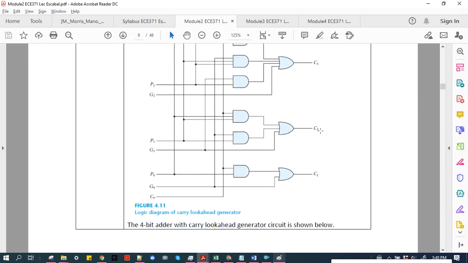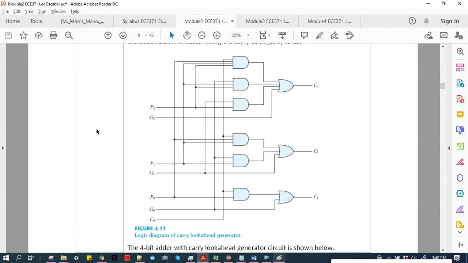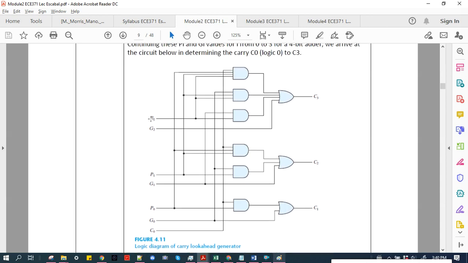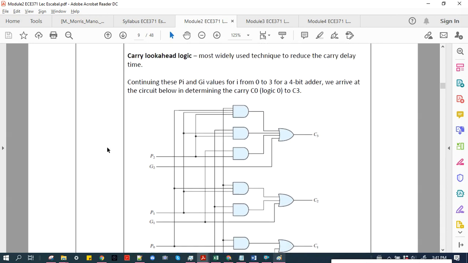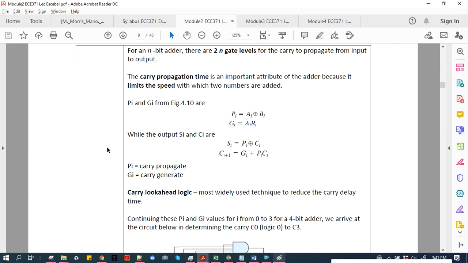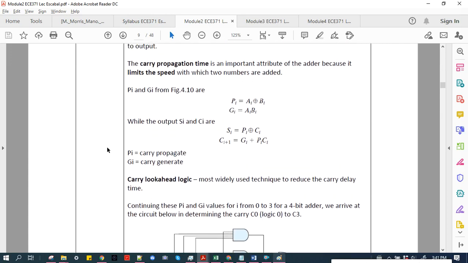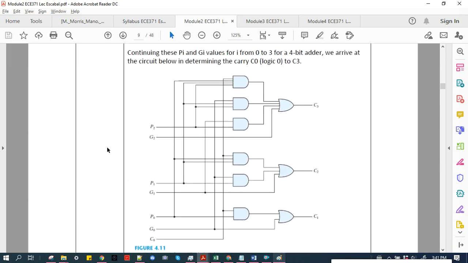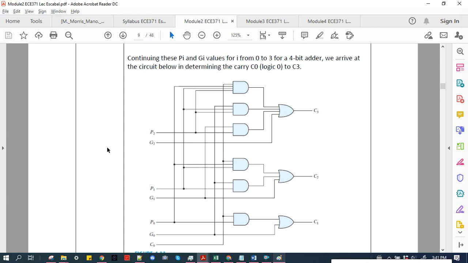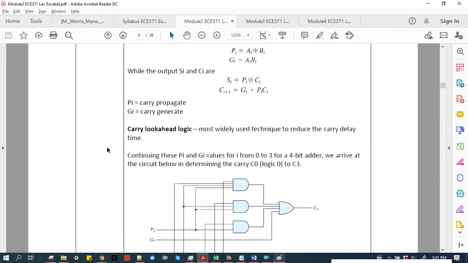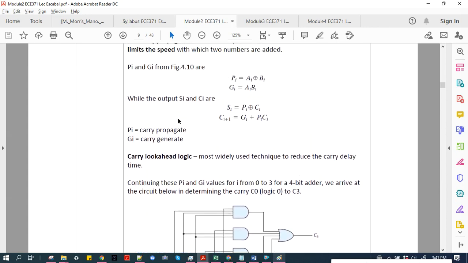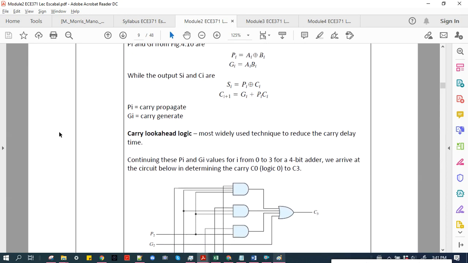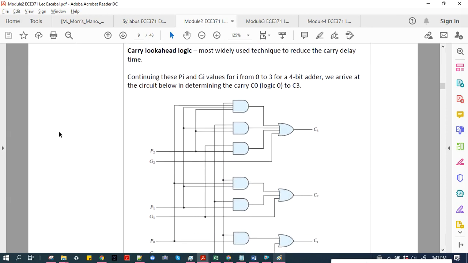So C1, C2, and C3 are in terms of P2, G2. Let's try to analyze the difference. What is P0? It's just the exclusive OR of A and B. How about P2?